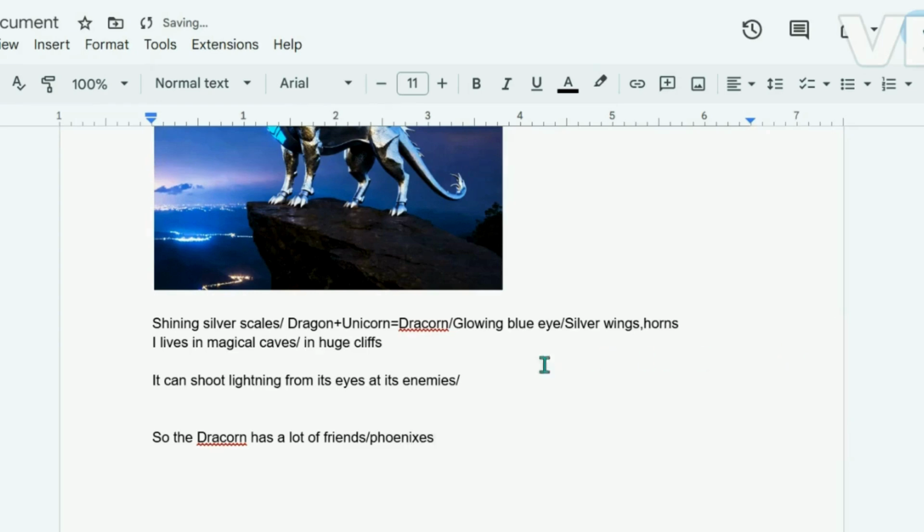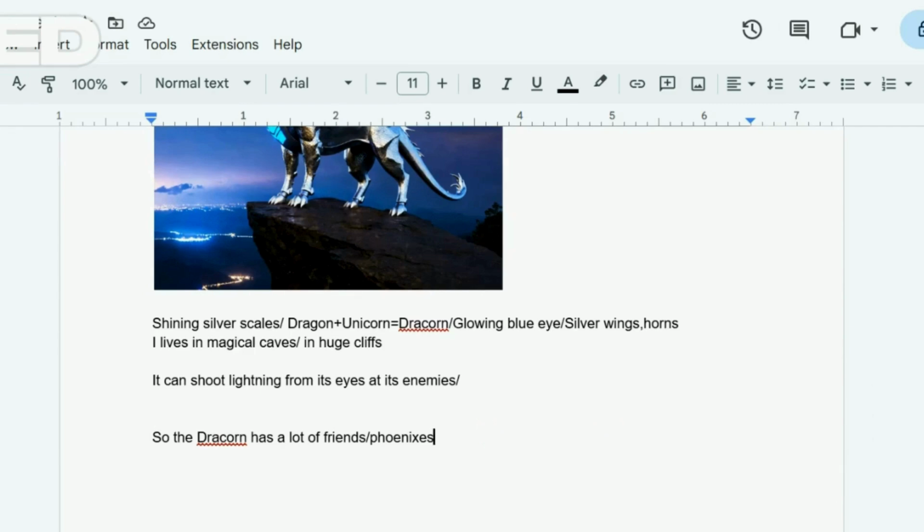So if you don't know what a phoenix is, I will upload a link in the description down below so that you can go through that and see images of phoenixes. Okay, so phoenixes are typically large mythical birds who are associated with or created by fire.